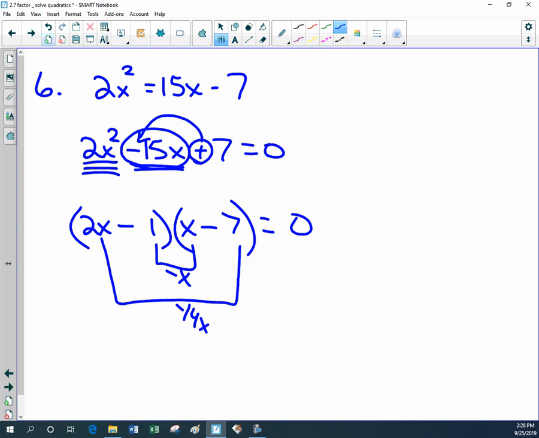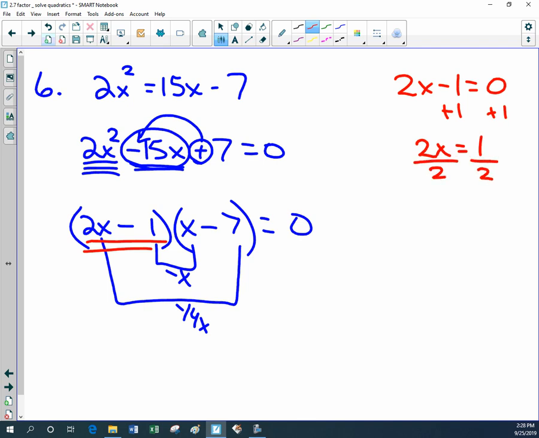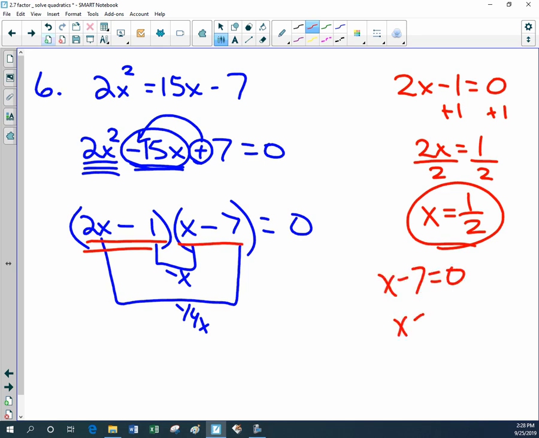Okay, so once I have it factored, set each factor equal to 0 and solve. So add 1, divide by 2. So I get x equals 1/2. Set x minus 7 equal to 0. X equals 7.